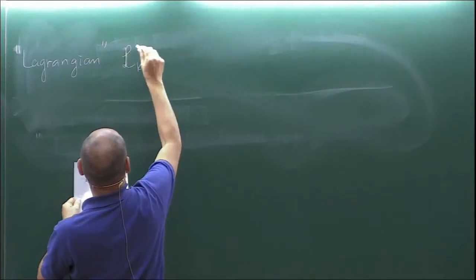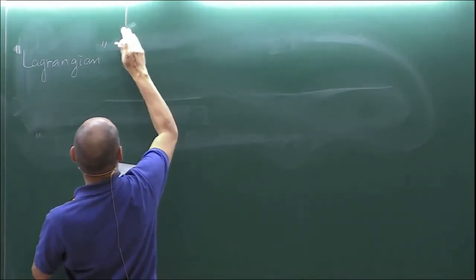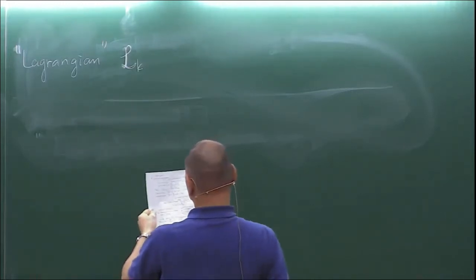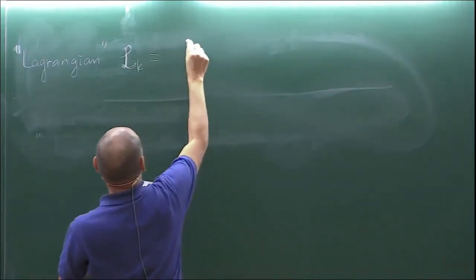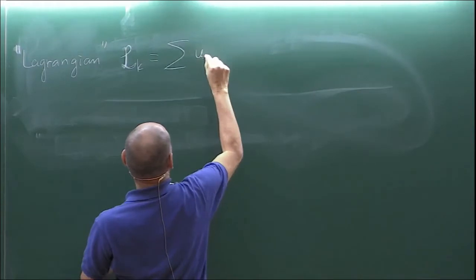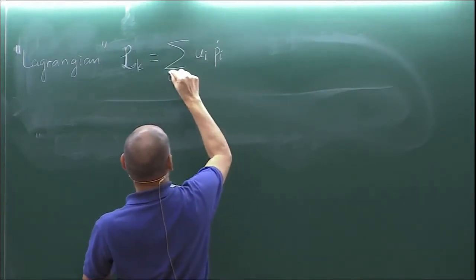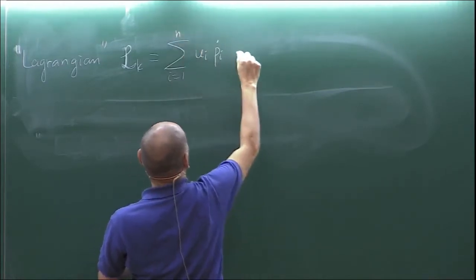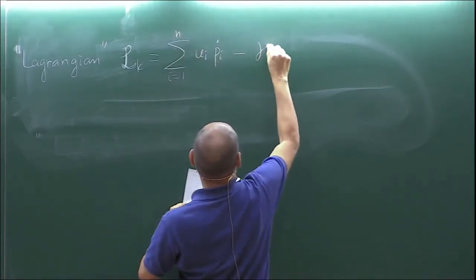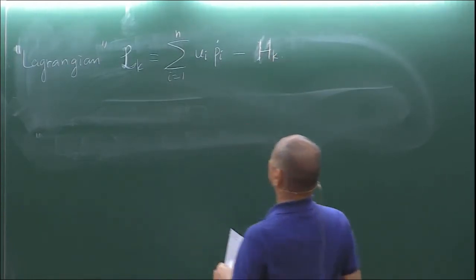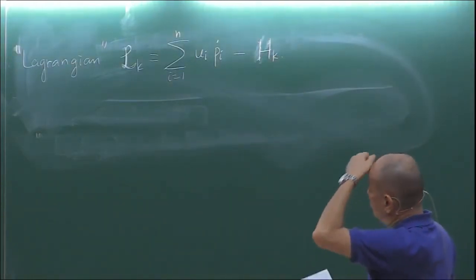To distinguish it from the Rogers dilogarithm L, I just use curly L here, which is written in any textbook of classical mechanics. So it is given by the following. So H_k, yeah. Like this, yeah. So it's good.